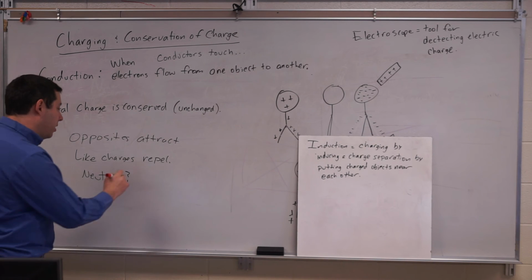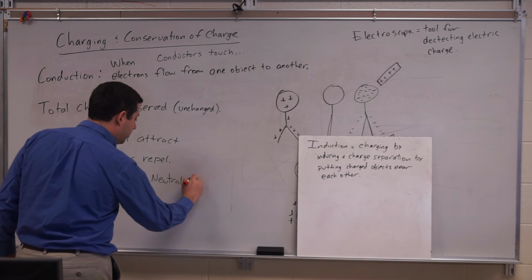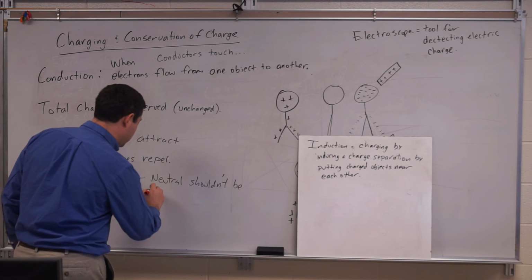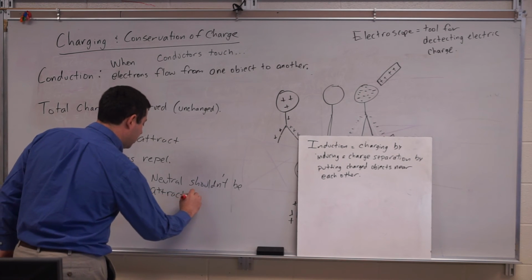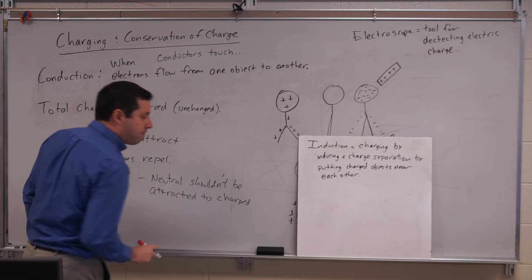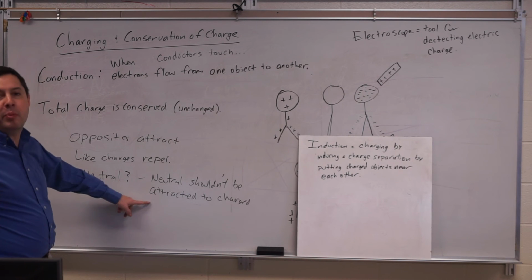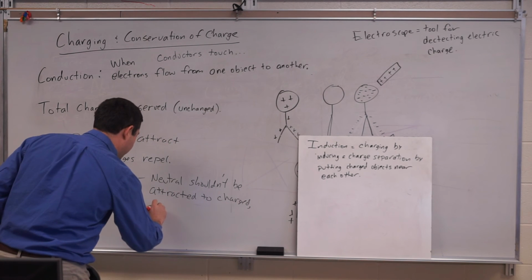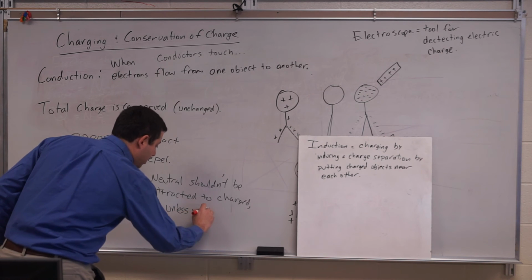Well, in theory, neutral objects shouldn't be attracted to charged objects. It's only if the charges are opposite, they shouldn't be attracted or repelled. I didn't put repelled in there. But I'm going to say there's an asterisk here, and that's unless you have induction.